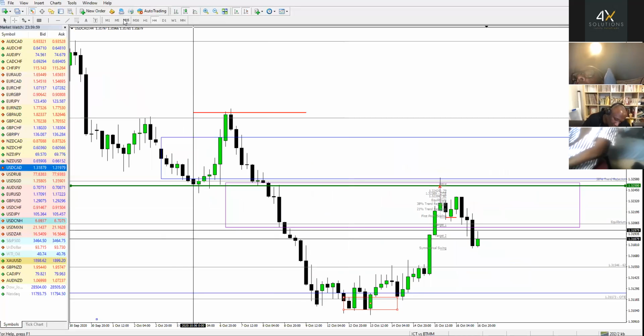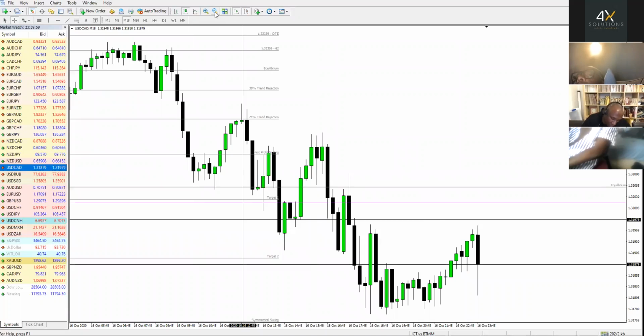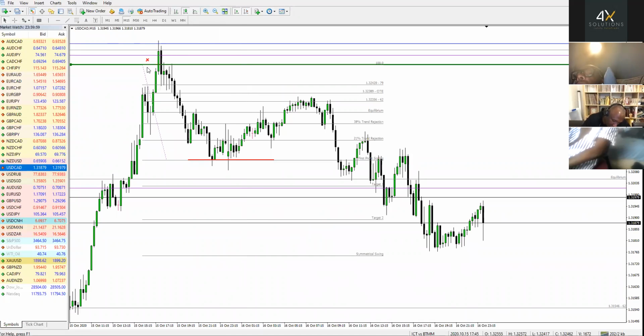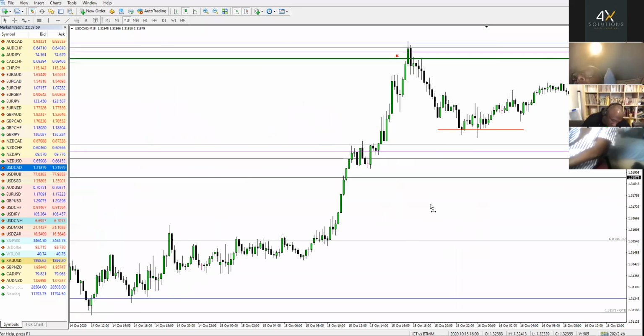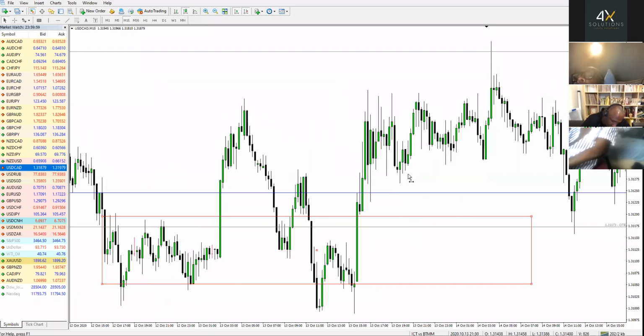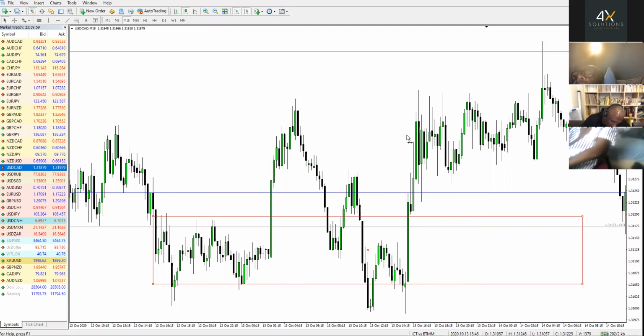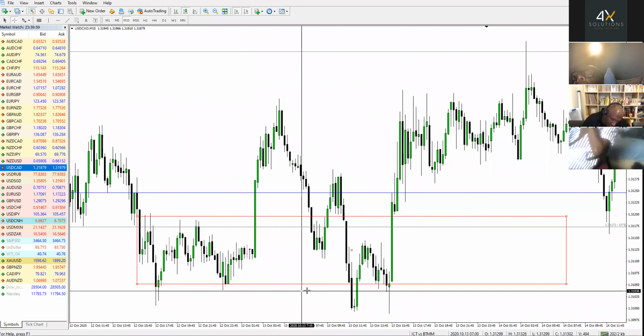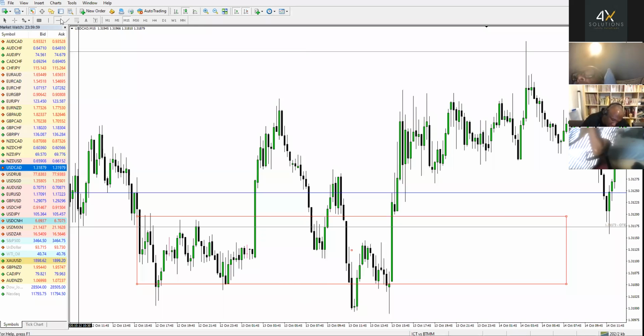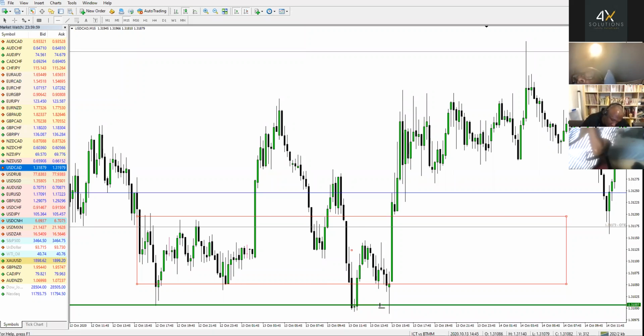Okay, now if we go to that same level, let's just delete all of this and I'll show you a bullish example of the entry technique. So at these levels over here, you look for the swing low IPL. Where is the swing low IPL? Over here. Here is the swing low IPL.